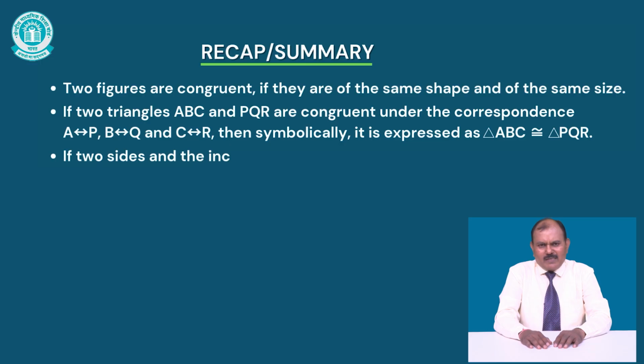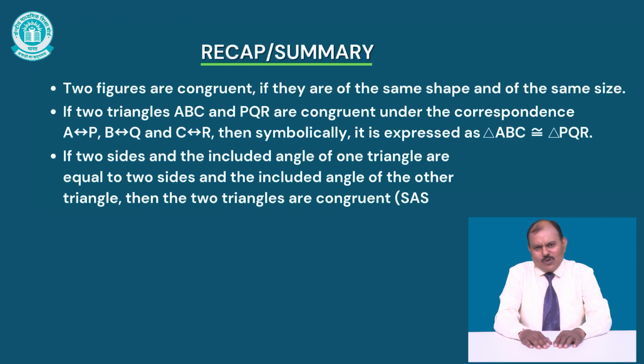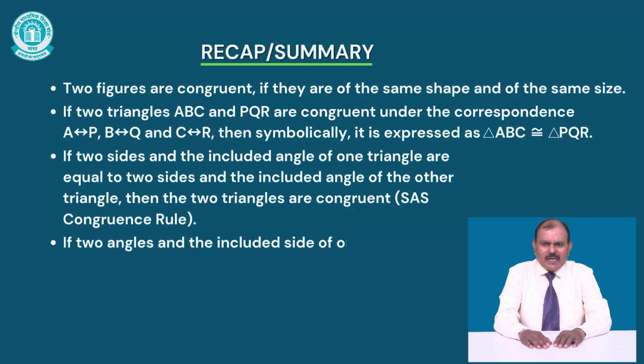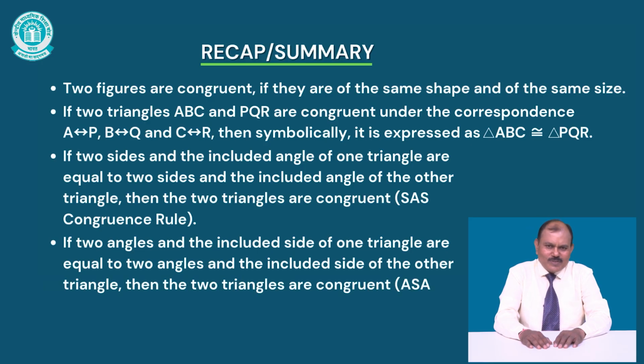If two sides and the included angle of one triangle are equal to two sides and the included angle of the other triangle, then the two triangles are congruent. SAS congruence rule. If two angles and the included side of one triangle are equal to two angles and the included side of the other triangle, then the two triangles are congruent.